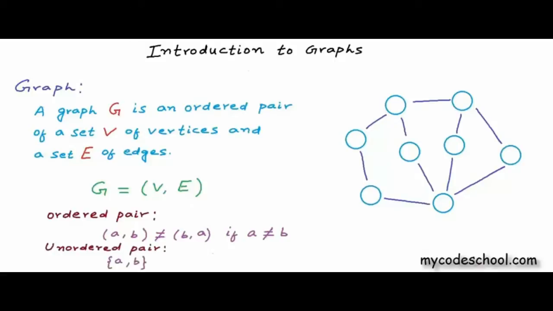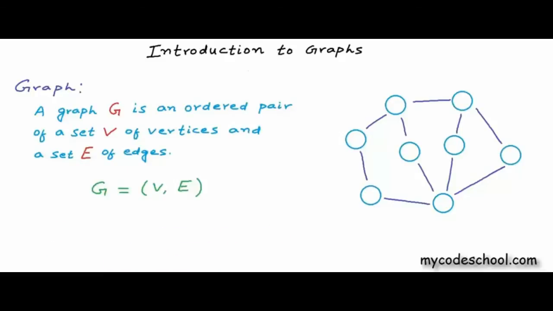An unordered pair is simply a set of two elements. Order is not important here. We write an unordered pair using curly brackets or braces. Because the order is not important here, unordered pair {A, B} is equal to {B, A}. It doesn't matter which object is first and which object is second. Okay, coming back. So a graph is an ordered pair of a set of vertices and a set of edges, and G = (V, E) is a formal mathematical notation that we use to define a graph.